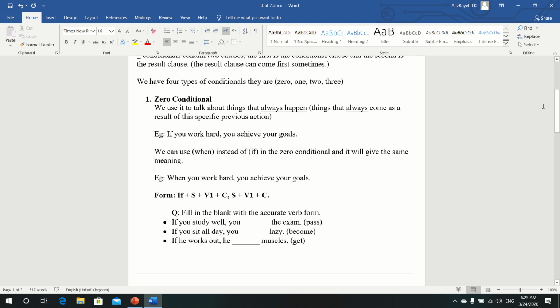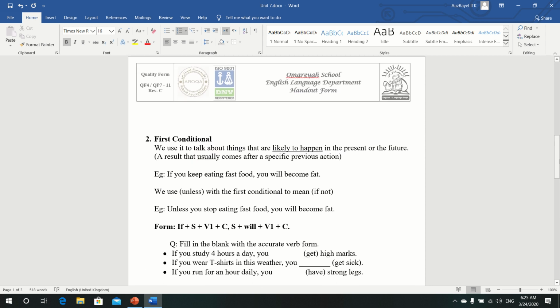So again, let's do it fast here. The zero conditional is used to talk about things that always happen. So let's give it a 100% degree of happening. The first conditional is about something that is likely to happen, right?